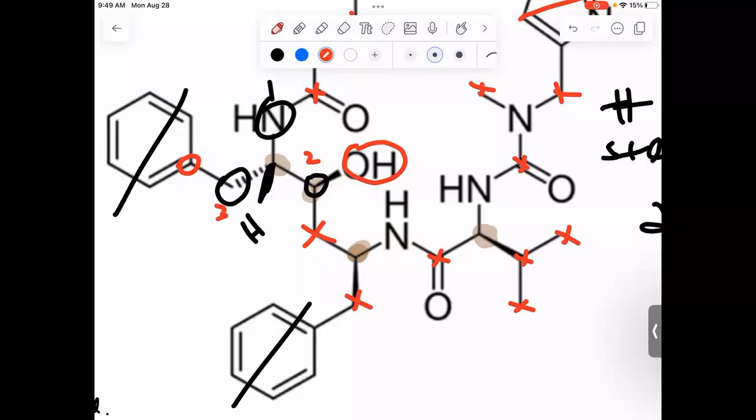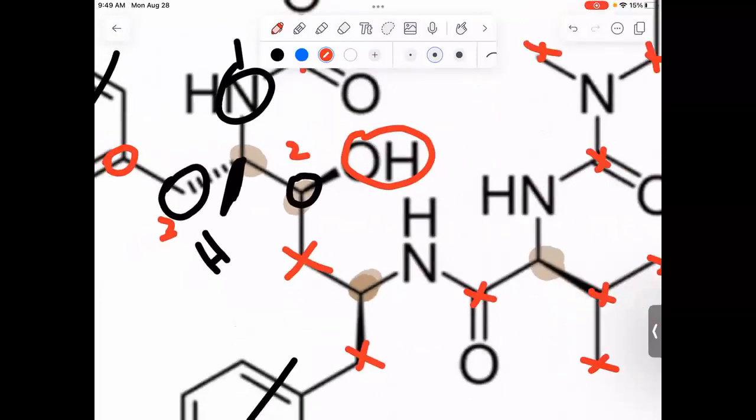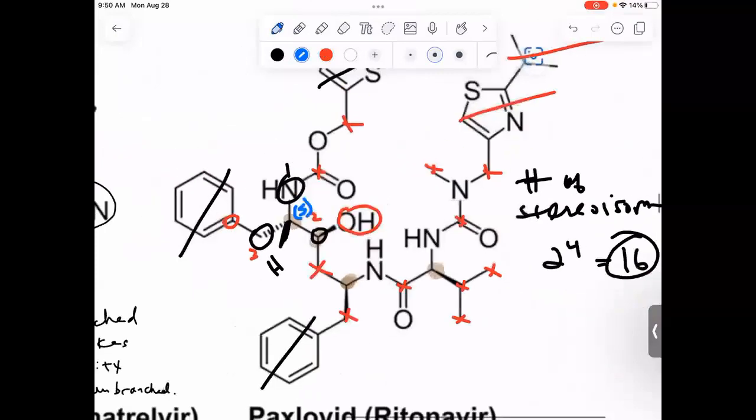We just counted 3 in order. It's clockwise. However, H is up. And so if H is up, that means that we have to reverse it. So it looks like it should be R, but because hydrogen is already on a wedge, it is what? S. Is that clear?